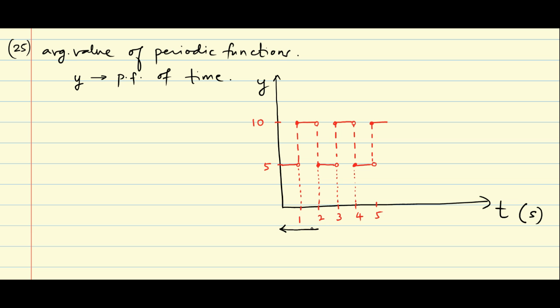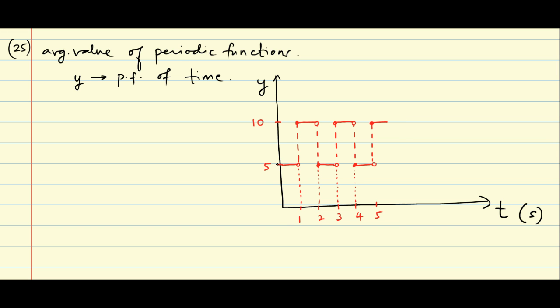So if you look at this particular time interval and look at the shape which the curve has, that same shape is repeated again in the next 2 seconds, and so on. That's going to happen in the next 2 seconds also, although I have not shown it over here. So this is a typical example of a periodic function of time.